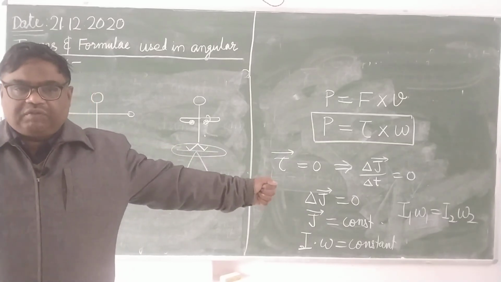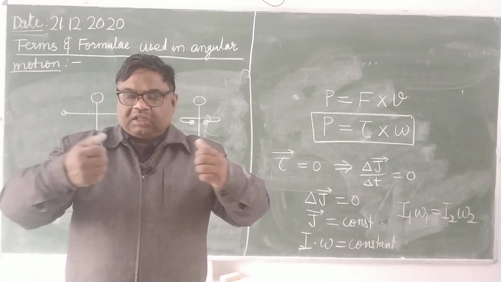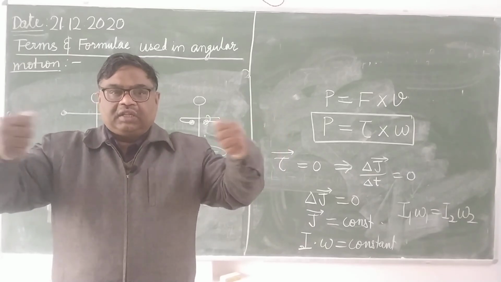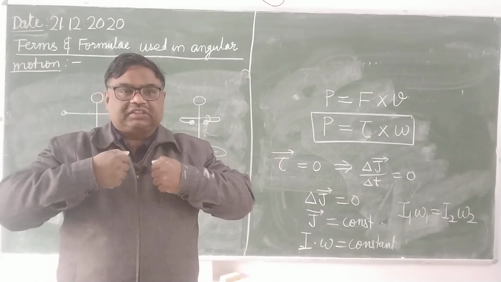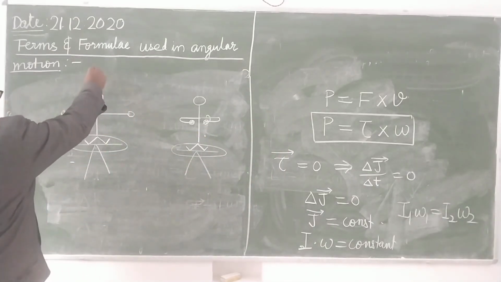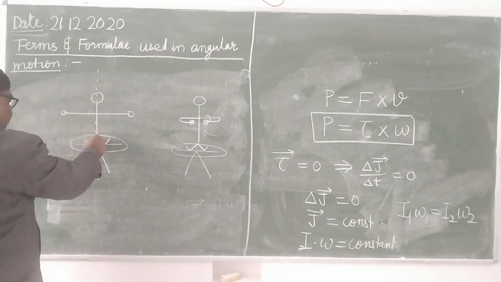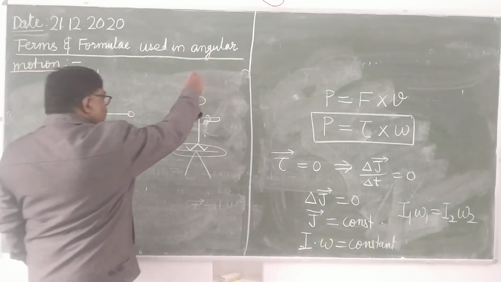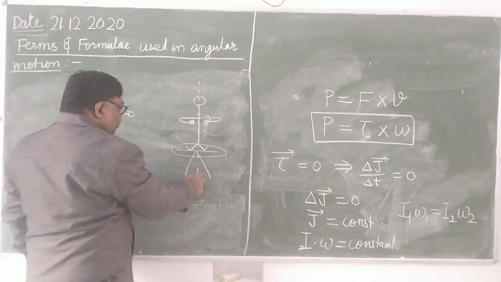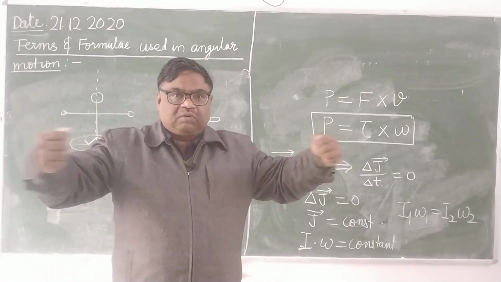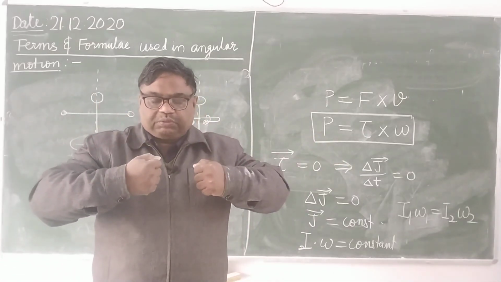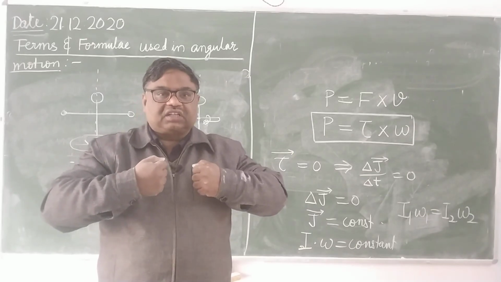So when I fold the hands, what will happen? The masses which I am holding will come closer to the axis of rotation, because the axis of rotation will be this. These masses will come nearer to the axis of rotation.